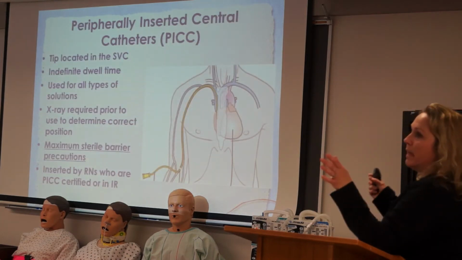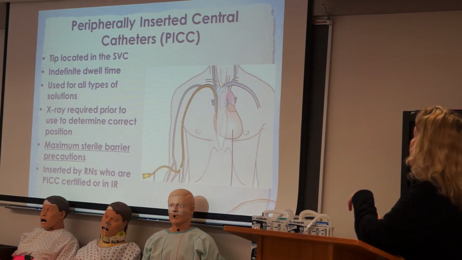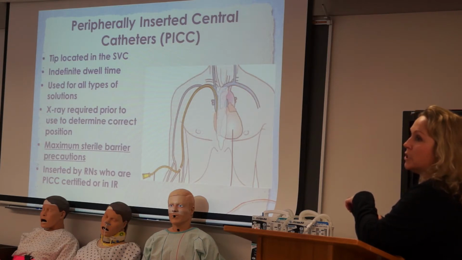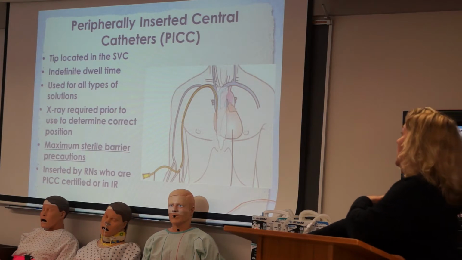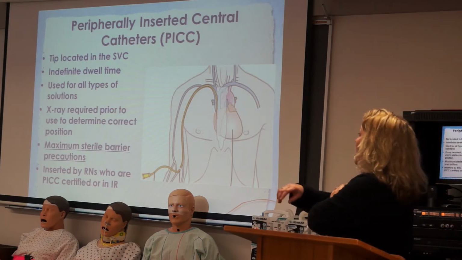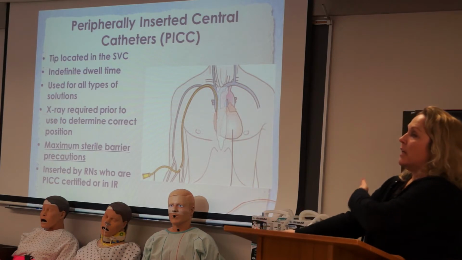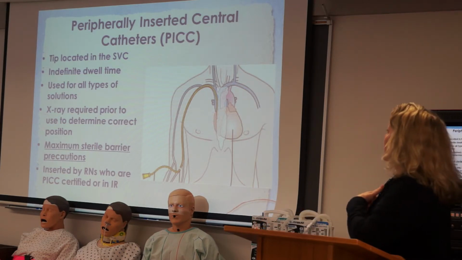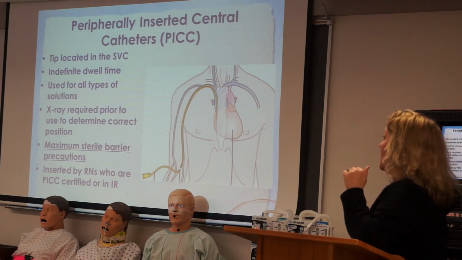All right, everyone's seen a PICC, right? Okay. So PICCs are peripherally inserted central catheters. These are central lines, but they're inserted in the periphery, usually in the basilic, brachial, or cephalic veins in the upper arm. They're rather long. They start here, and then they go all the way to just outside of the heart in the superior vena cava, or just into the atrium.